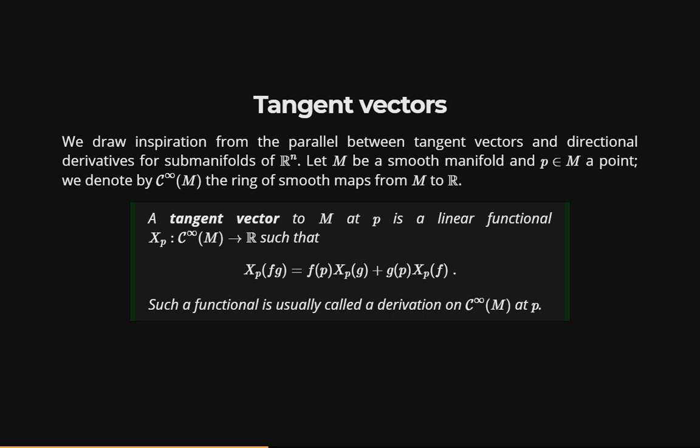A tangent vector is a linear functional x sub p on C infinity of M, something that takes every function and gives you a real number in a linear way. So if you have the sum of two functions, the result is the sum of the results, and if you multiply the function by a scalar, you get the scalar times the result.